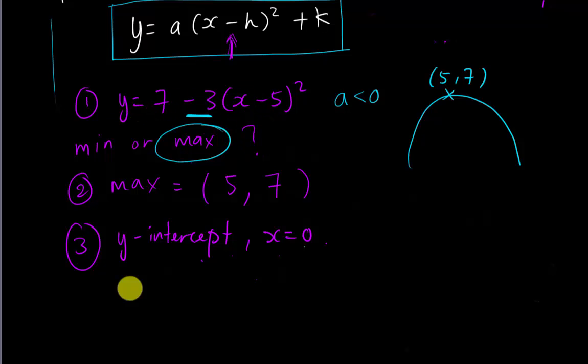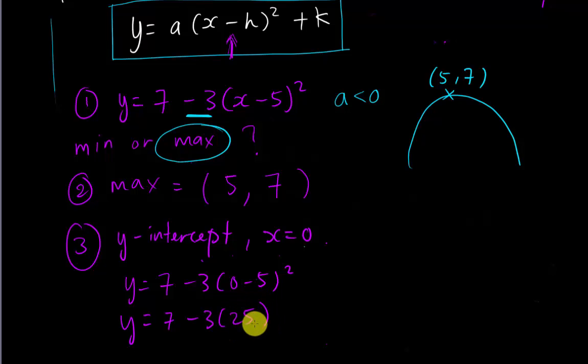So y equals 7 minus 3 times (0 minus 5) squared. Basically y equals 7 minus 3 times 25, which is 7 minus 75. It will be such a weird number.